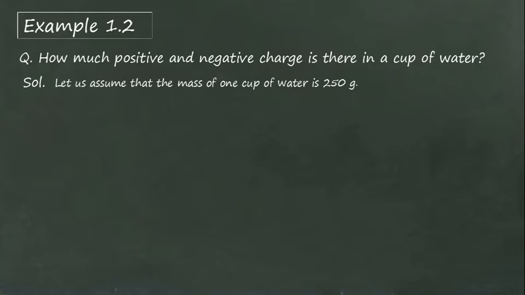Now what is the molecular mass of water? The atomic mass of hydrogen is 1, so H2 is 2, and for oxygen it is 16, so the total molecular mass of water is 18 gram.